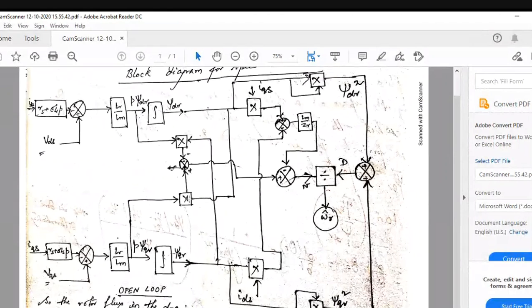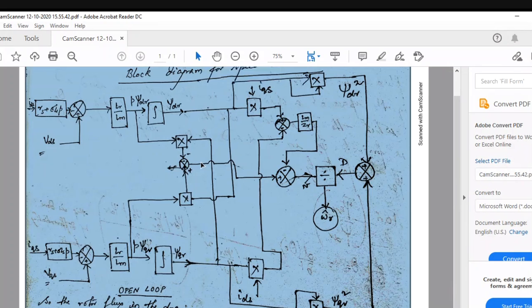This one is P phi QR, and this one is phi dr. See here, these two are multiplied. And this one is minus: phi QR into P phi dr. This one will be minus. So this whole thing is your term one. Here you actually get term one.